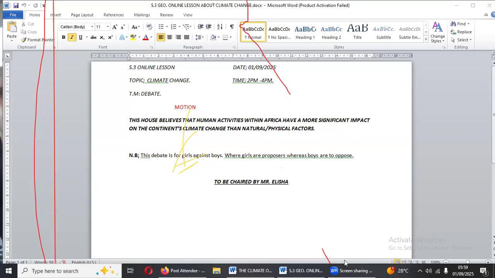So allow me to thank Trevor in a special way for his great contribution towards the building of this motion. Boys, we can clap hands for him, please. And girls, we can clap hands for him, please. All right. Noreen, she's also clapping hands for you.